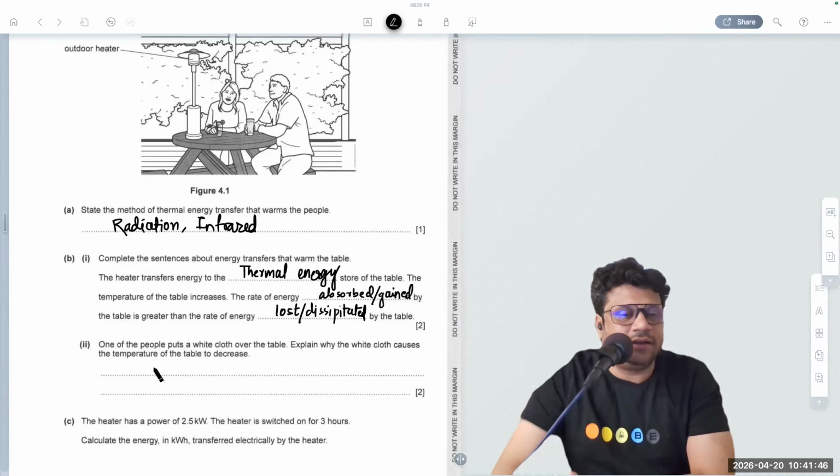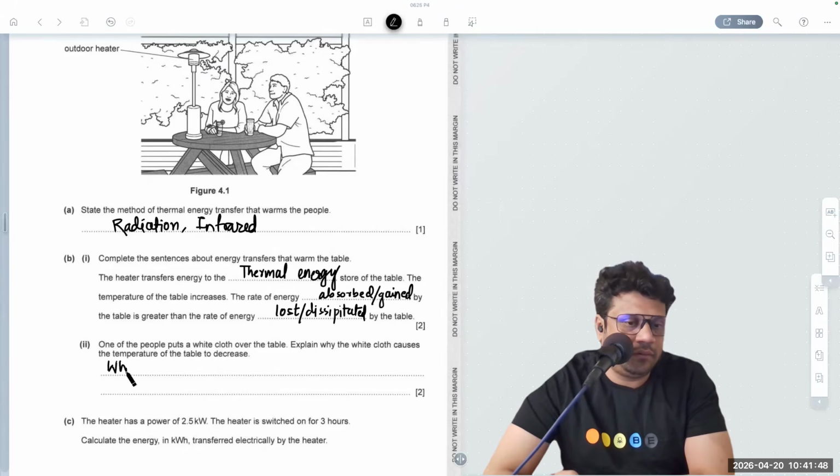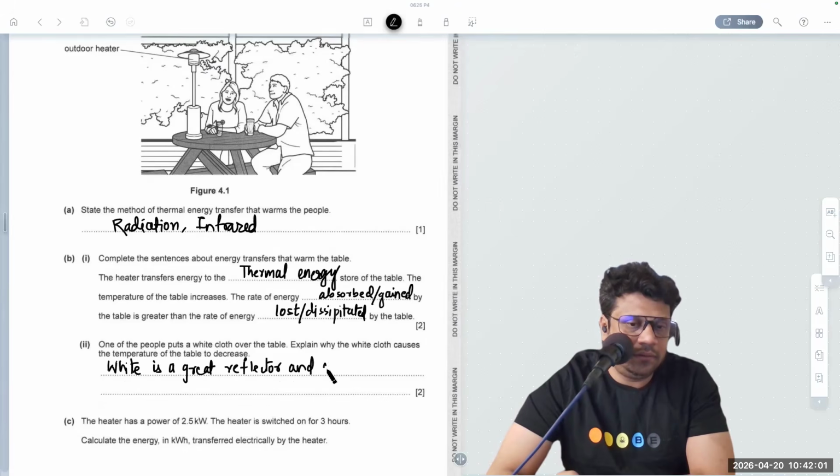Well, white is a good reflector. White is a great reflector and a bad absorber.